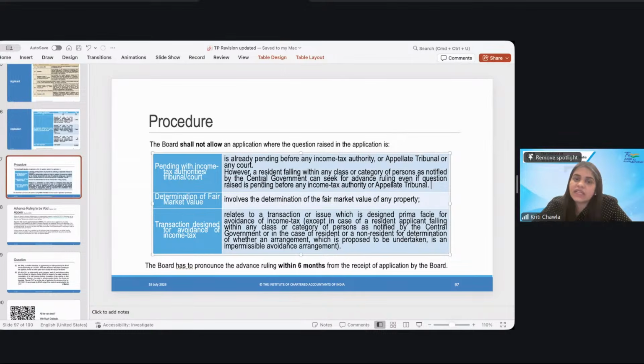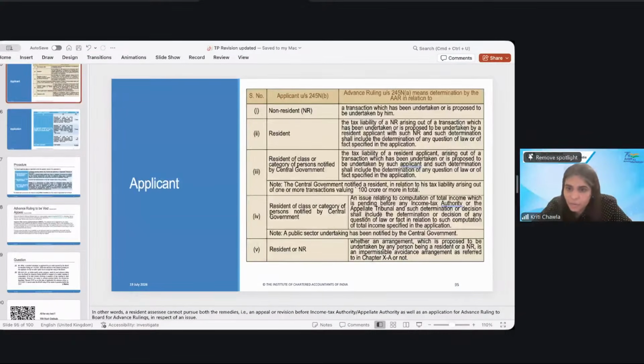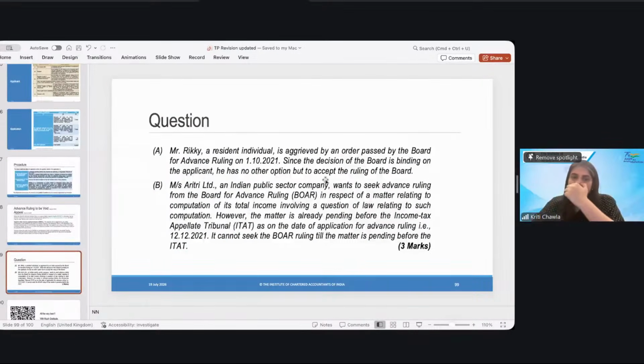Where does it say that it is notified by the central government? Well, it says it here. A public sector undertaking has been notified by the central government. So this is an Indian public sector company, and it has been notified by the central government. This is the reason that, even if the matter is pending before ITAT, they can seek Board of Advance Ruling on this particular matter.